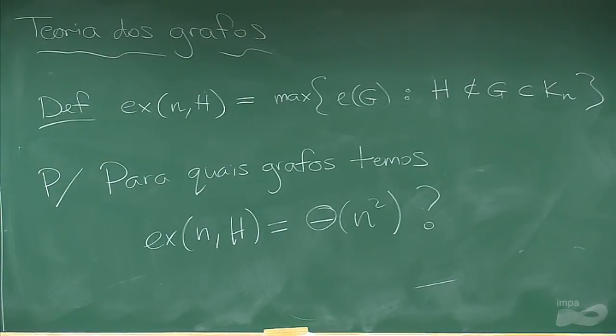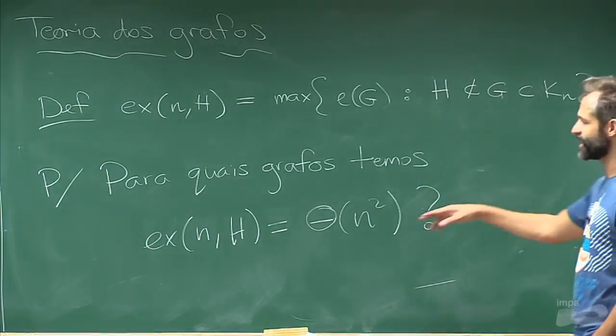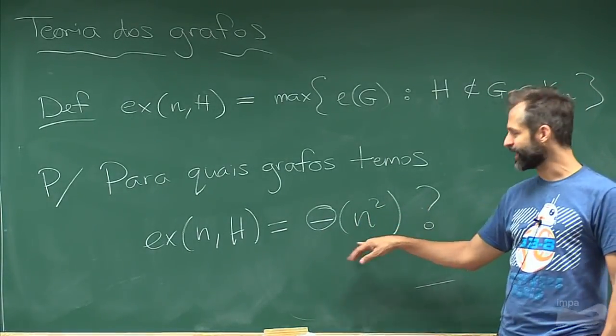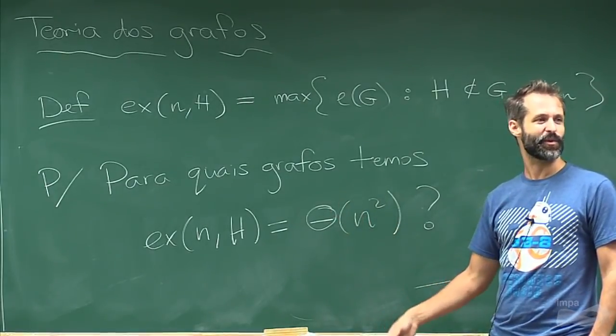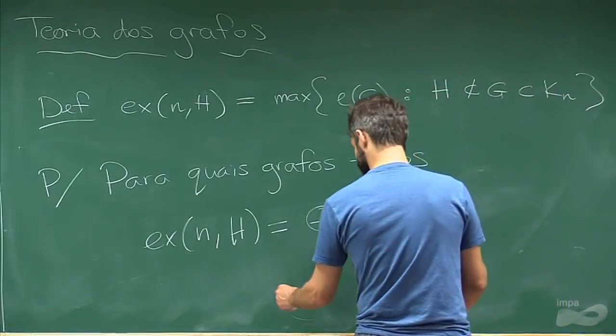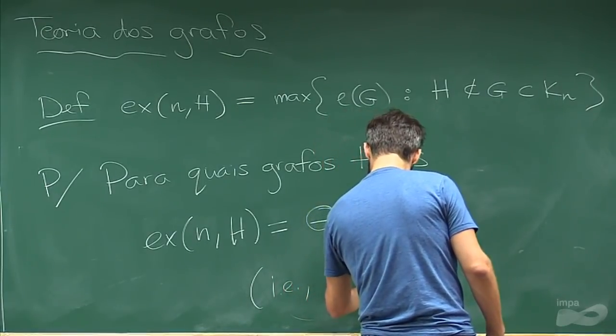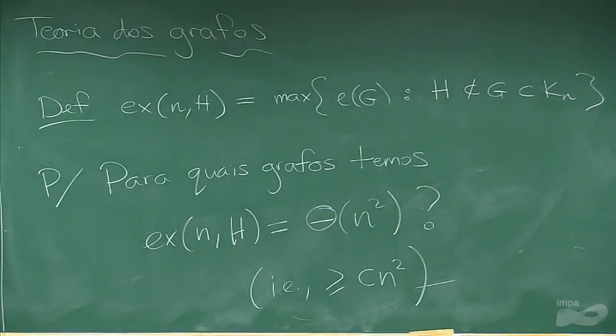Sorry, the theta means between two constants times n squared. Because it's always at most n choose 2, I really just mean at least a constant times n squared. So in this case, it means there exists a constant depending on H, such that you're always at least that constant times n squared. Though we'll see that the constant doesn't depend on H.